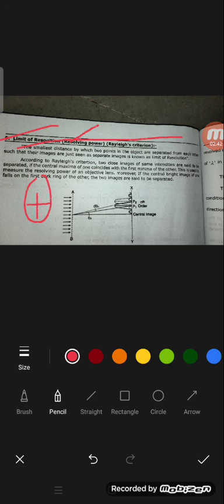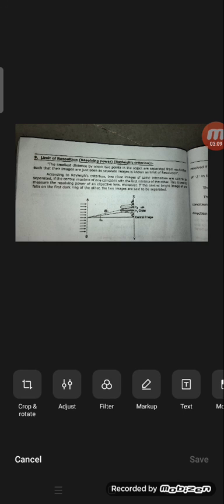Okay, two points separated, the single object is going to be separated into two objects which form their separate images. Okay, it is known as resolving power. So it is the minimal distance, or the smallest distance, by which the object is separated to see separate images of a particular object, known as limit of resolution.